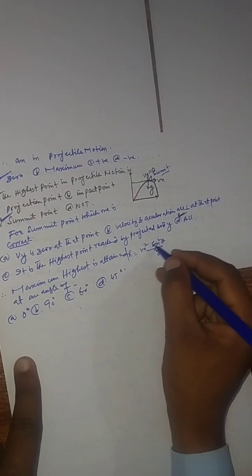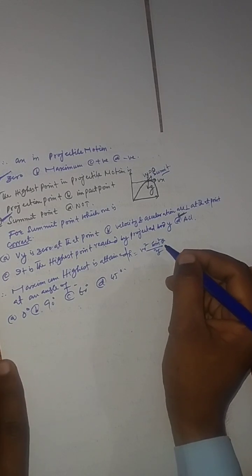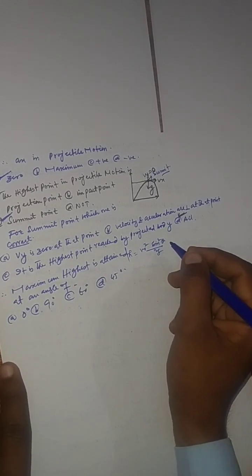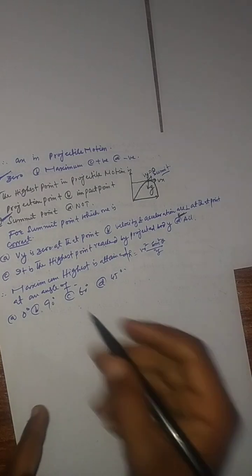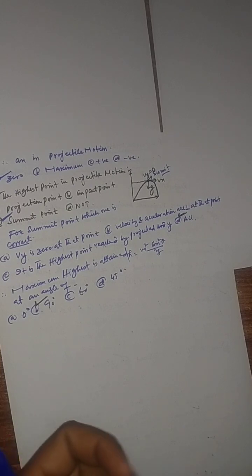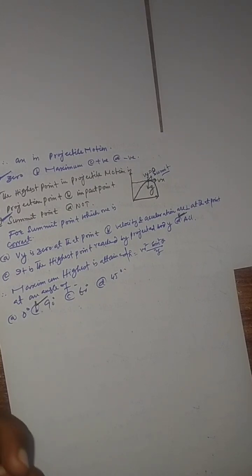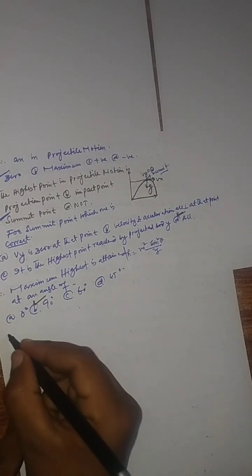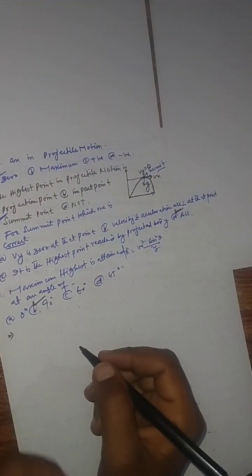Sine theta has a maximum value at 90 degree, so maximum height will be attained at 90 degree. If we throw the ball with some velocity, it reaches point H.